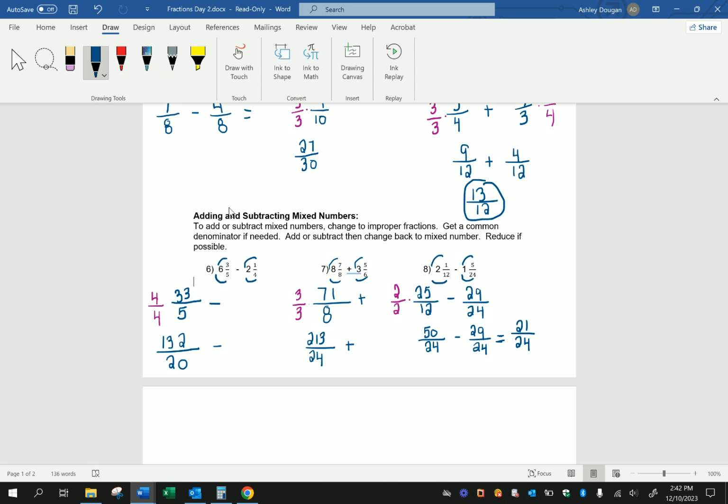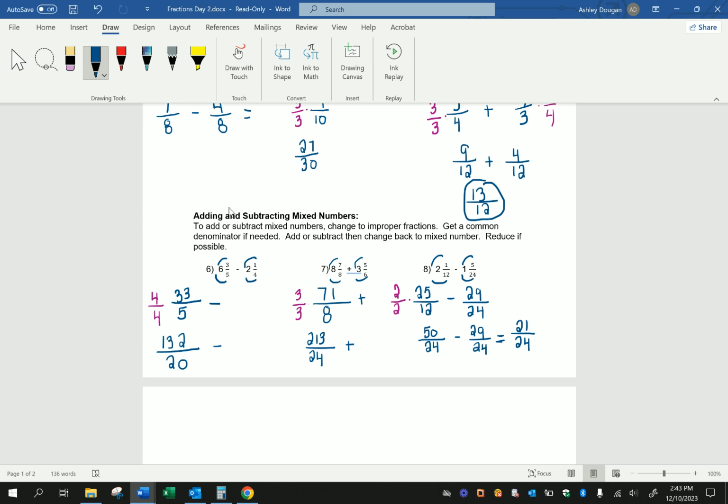Now, we've been saying this whole time, my rule is that if I start with a mixed number, I want to end with a mixed number. But in order for that to happen, you have to have an improper fraction. In order to change it to a mixed number, it has to be an improper fraction. It has to be more than a whole.